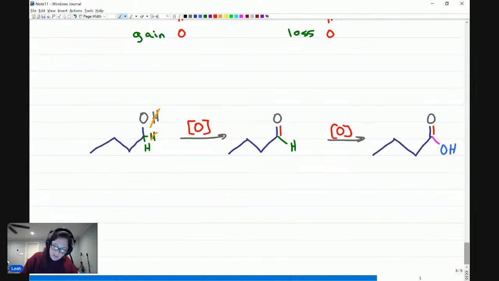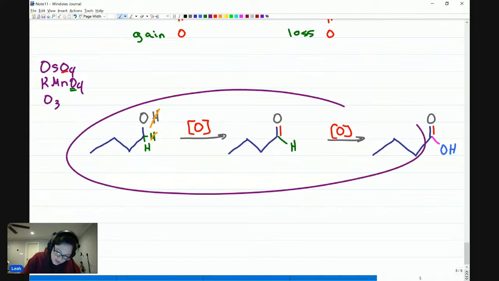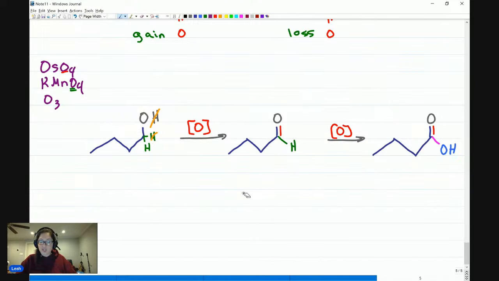And some examples for oxidation reagents are, look at what I can draw here. OsO4, it's got the oxygen. KMnO4, again, oxygen. O3, these are not all for this set of oxidation reactions. That's just oxidation in general. O3 has oxygen. Then we get something like PCC.